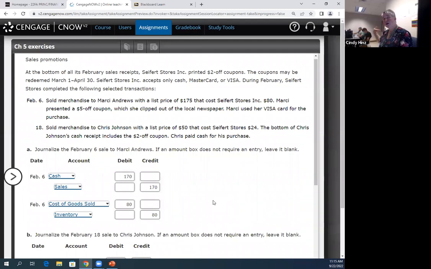So if those cards expire, they don't just get to keep that money. It's not theirs. They had a liability, and because the card wasn't used, that doesn't mean that the money belongs to that store. They would be required to send it to the state.